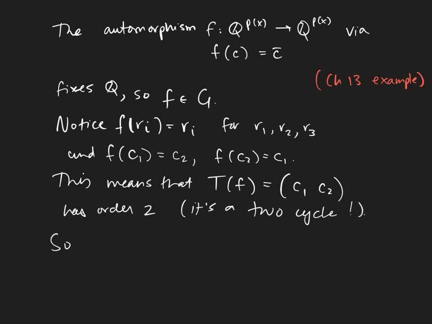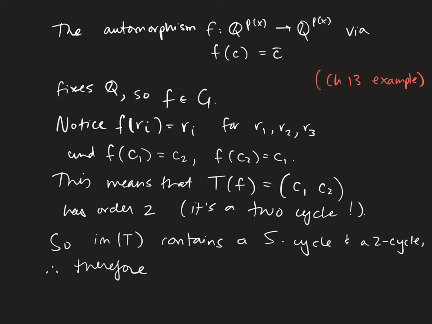So the image of T contains a 5 cycle and a 2 cycle, and therefore it contains whatever subgroup those things generate, right?